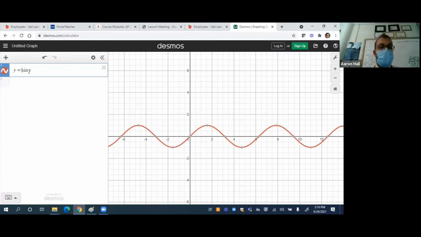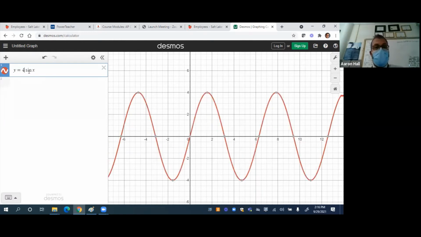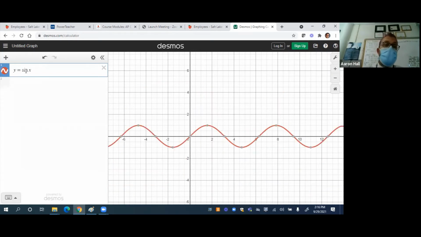Isn't A my stretch? So 2, 3, 4, 5. I want to squish everything together so it oscillates so close together it's hard to tell. What's that? Is it my B value? Would I make my B value big or small, if I want to squish everything together?